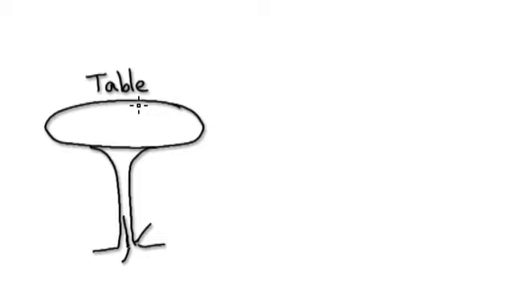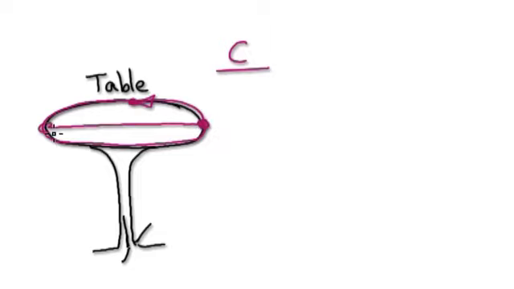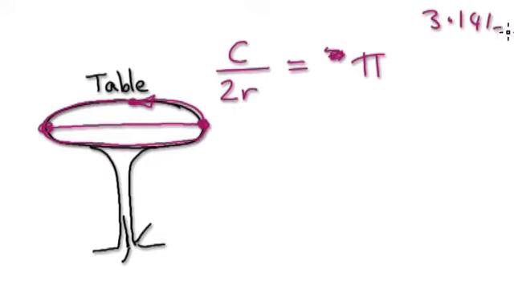So if you get a string and measure all the way around, that will give you C. Get that distance, C, divided by this distance here, which is 2r, and it should give you pi, which is 3.141, and so on. With the kitchen table, if you measure accurately, you might be able to get 3.1.